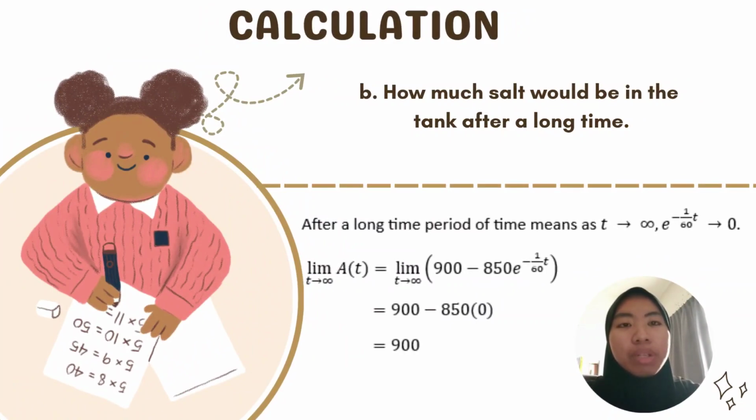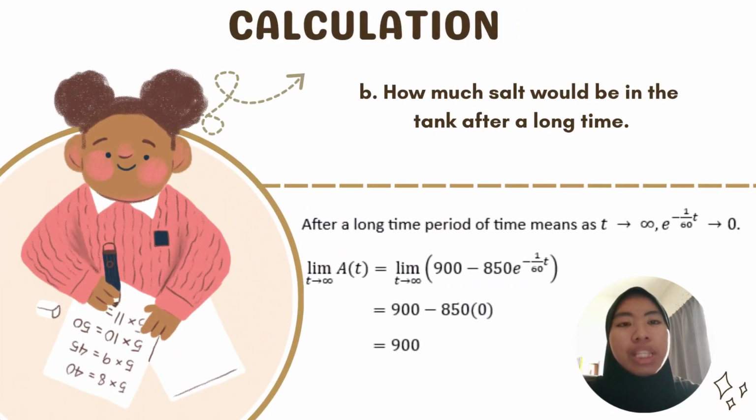To determine the amount of salt in the tank after a long time, we consider the behavior of the solution as t goes to infinity. As time increases, the exponential term, e to the power of negative 1 over 60 t, decreases and approaches 0 because the exponent is negative.